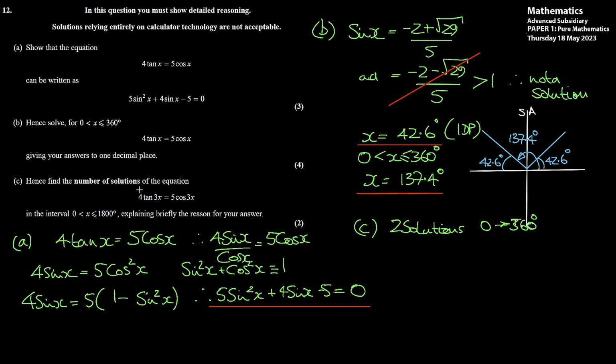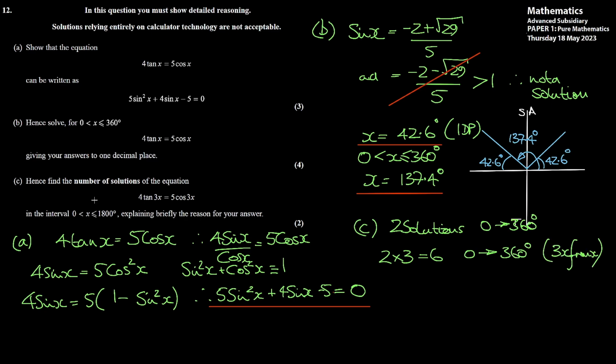Because we've transformed x into 3x, this new waveform will have a higher frequency, in fact 3 times higher. This will complete 3 cycles in the space our original wave completed just 1 cycle. So our two solutions will be knocked up by 3 to 6 solutions in 0 to 360 degrees. And that's because of the 3x from x.